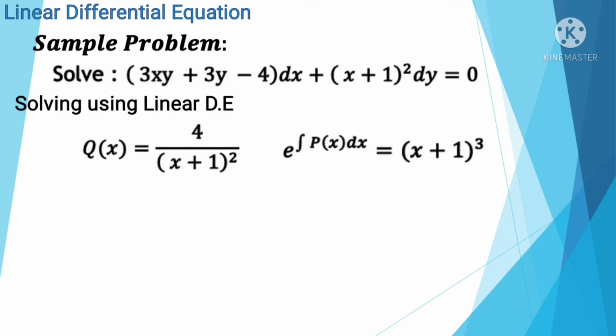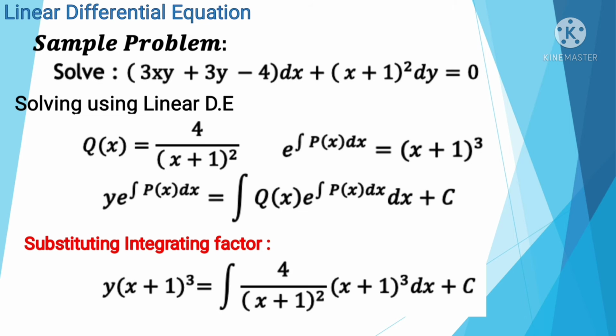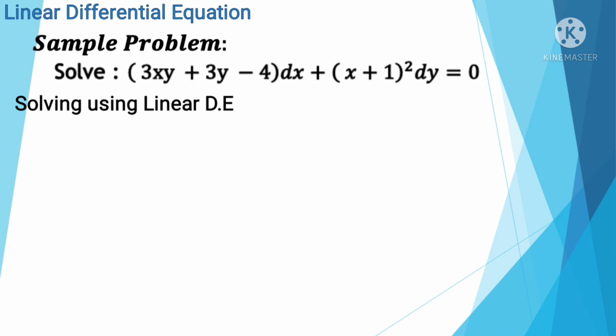Then, going back to the general equation, we will substitute the given values and it will become y times the quantity of x plus 1 cubed is equal to the integral of 4 over the quantity of x plus 1 squared times the quantity of x plus 1 cubed dx plus c.